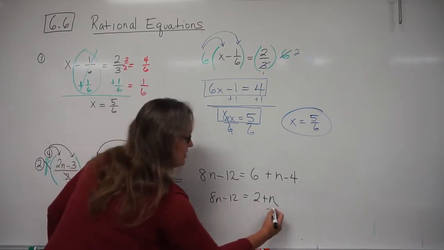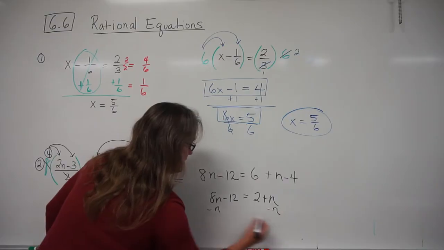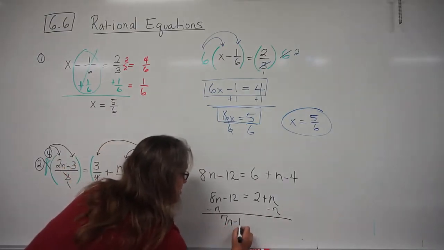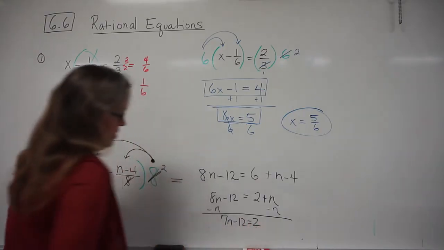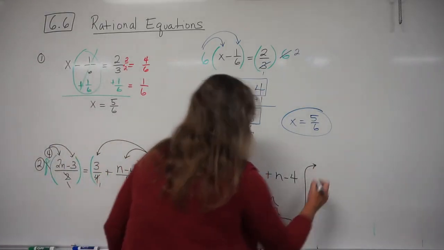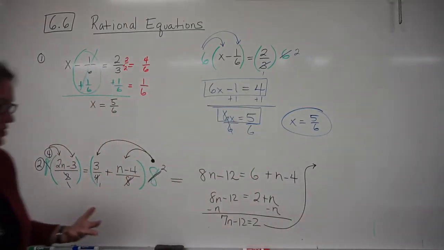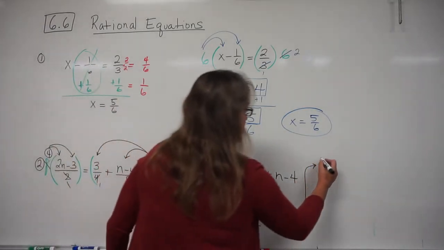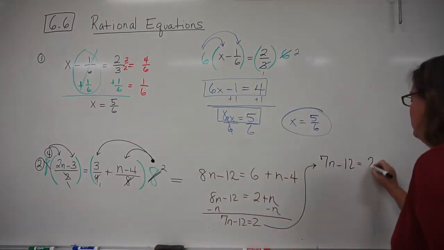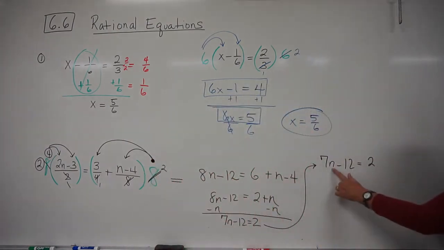Let's maybe subtract the n from both sides. So we get that 7n minus 12 equals 2. We're not quite done yet, so let's bring it up over here. But this is just a linear equation. Let me copy it. 7n minus 12 equals 2. And we're trying to get n by itself.